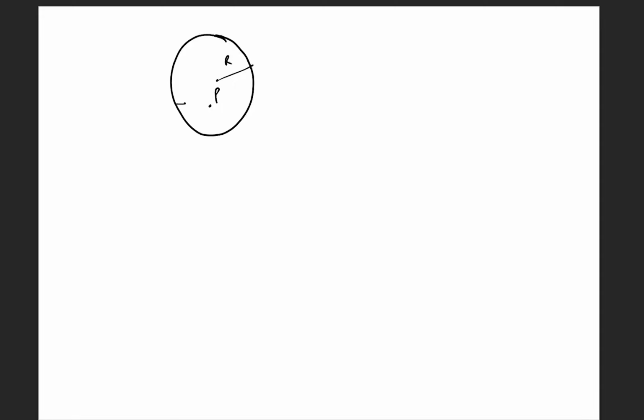At this point P, let us say these are two surface areas which make this cone. This is surface area ds2, and this is surface area ds1, and this is r1, this is r2, and from the center this angle is alpha and this angle is beta, but these two both will be radius r only.